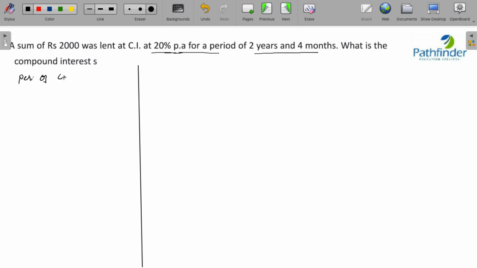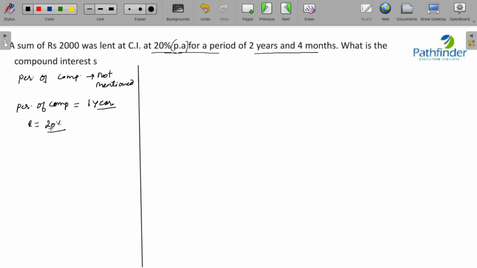What does it mean for you? It means your period of compounding can be taken as 1 year. So therefore period of compounding is equal to 1 year. So which means the value of R that we will substitute in the formula is 20%.